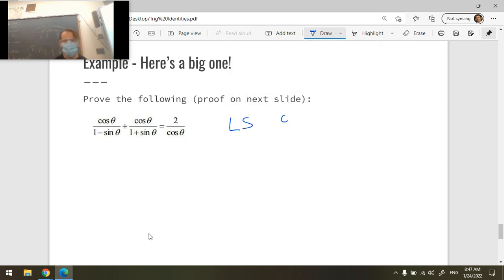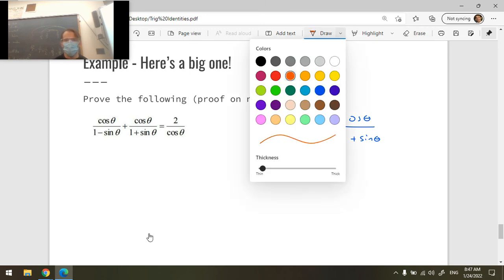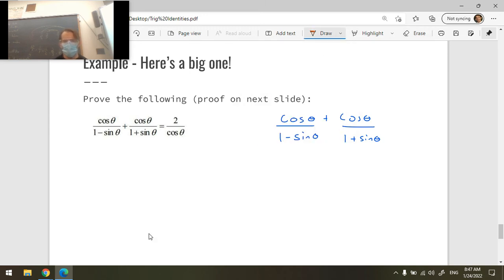And so I have cosine theta plus cosine theta. This one is over 1 minus sine theta. And this one is over 1 plus sine theta. Now, I am going to need to create a common denominator here. So just like when we were working with rational expressions, we want to take this as our denominator from this side.